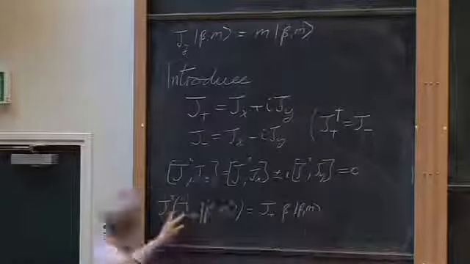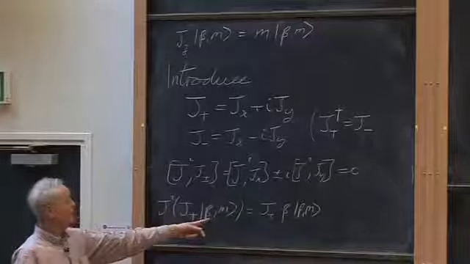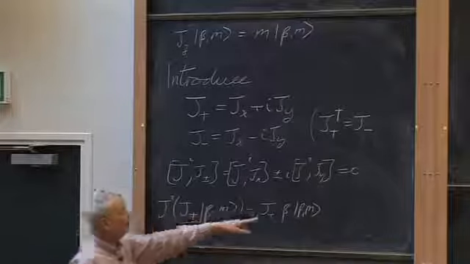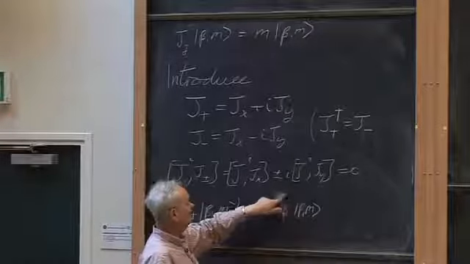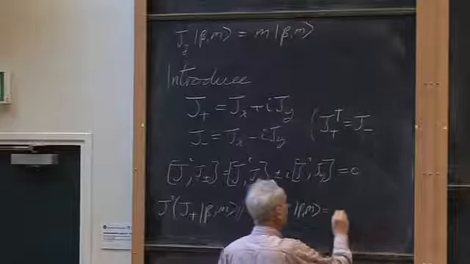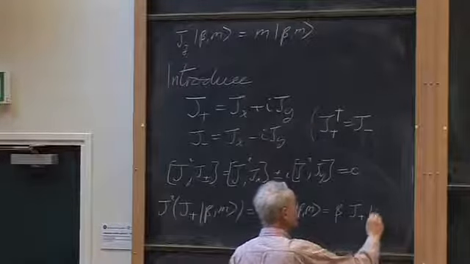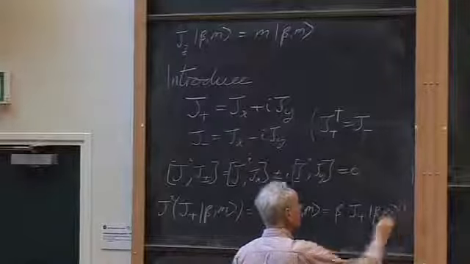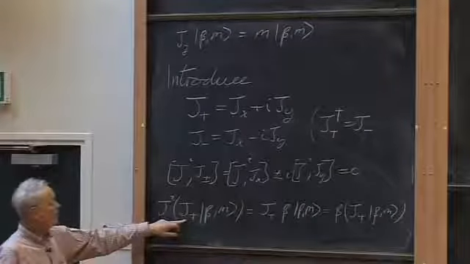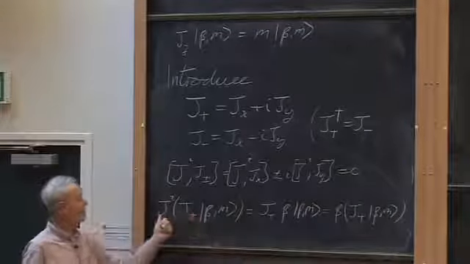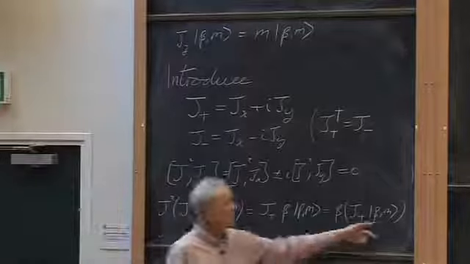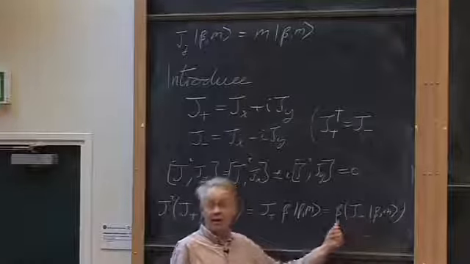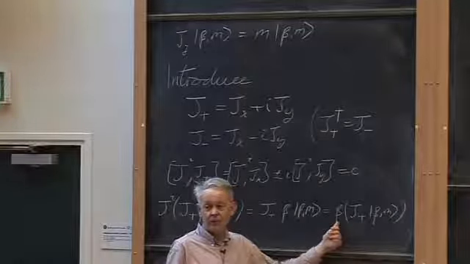So you swap these two over, then J squared looks at this and says, aha, that's my eigenket, out pops a beta. This is a mere number, can be popped over here, is equal to beta J plus beta m. So when you use J plus on this eigenstate of J squared, you get another eigenstate of J squared for the same eigenvalue, right?